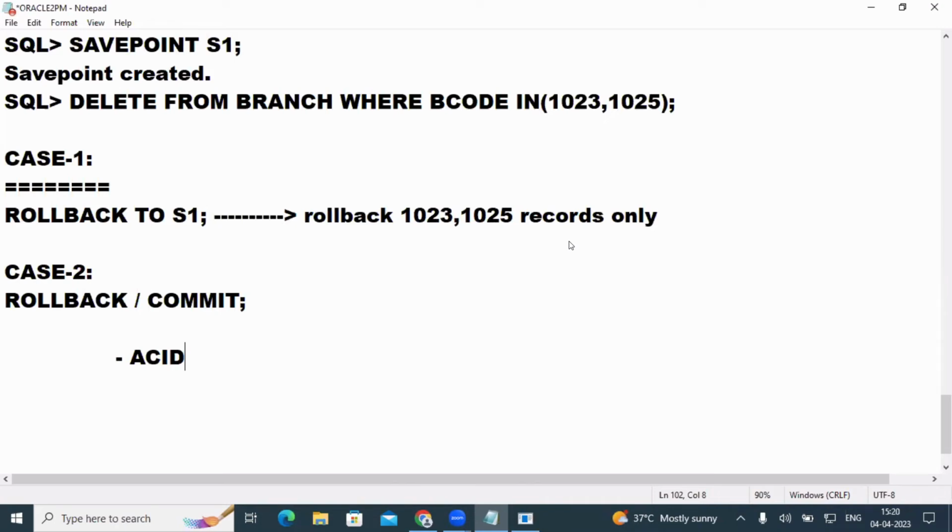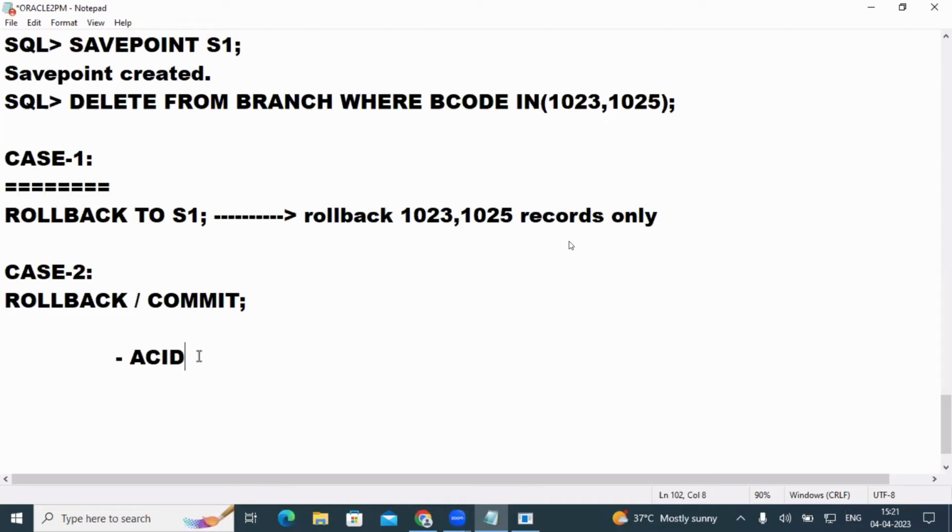If these ACID properties are not there in database management systems, then you can't say your online transactions are consistent and accurate; we can't give any guarantee. Nowadays, how do people give a guarantee for your transactions? Every database internally maintains what now? ACID properties. This is a very, very important question for your interviews.